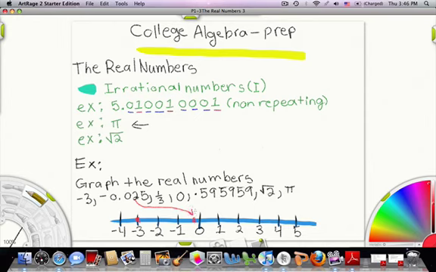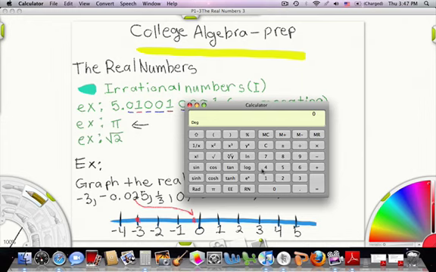Okay. And also, next we're going to graph this 1/3, and 1/3 is going to be roughly about here. It's 0.3, but well, let's look at 1/3. What does 1/3 look like? Okay, 1 divided by 3 equals 0.33333, and this actually goes on forever.